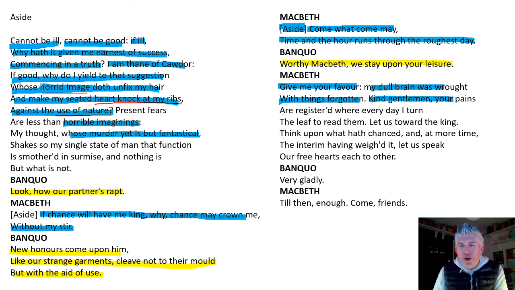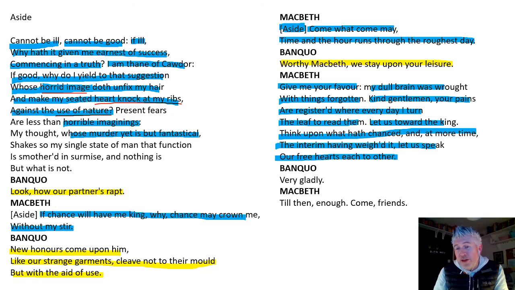"Kind gentlemen, your pains are registered where every day I turn to the leaf to read them. Let us toward the king. Think upon what has chanced, and at more time, the interim having weighed it, let us speak our free hearts to each other." So what Macbeth is saying there is, oh, kind gentlemen, I'm sorry, yes, I appreciate you waiting here.